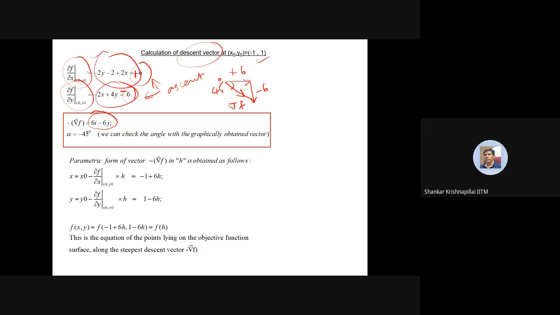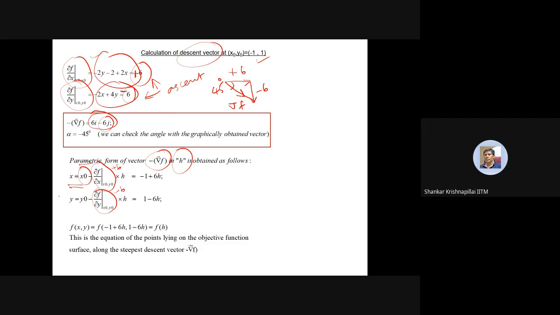This is the equation in vector form. You have to convert the expression of minus del f into parametric form in terms of h. So we use this equation: x is equal to x naught minus this value, that is plus 6 into h, and y equals y naught minus this value, that is minus 6 into h.